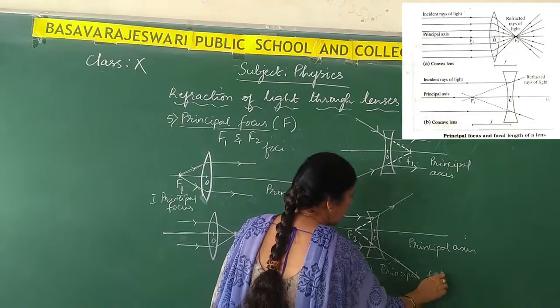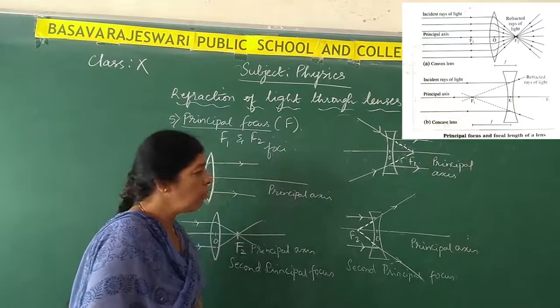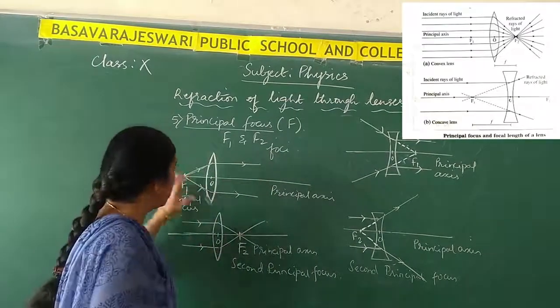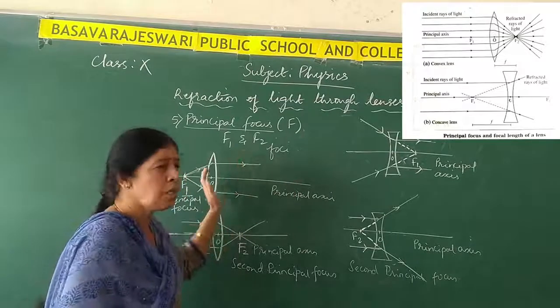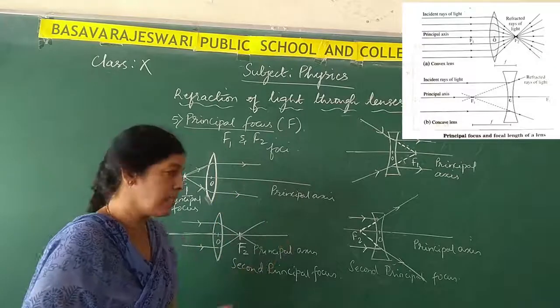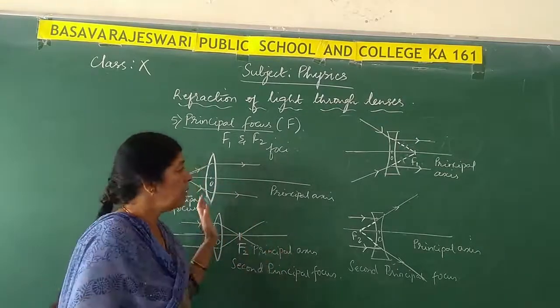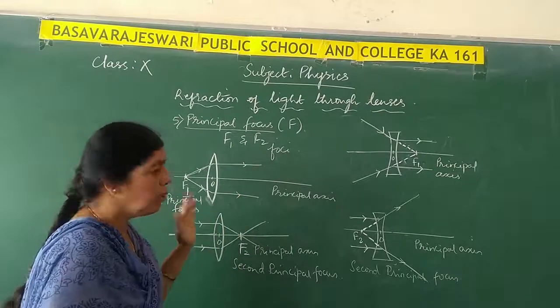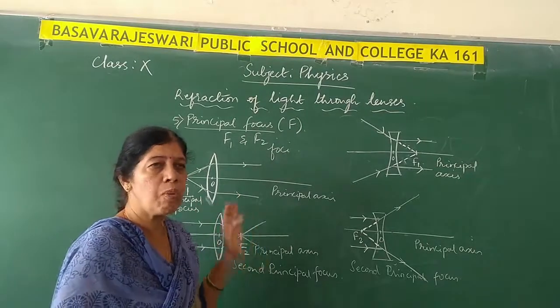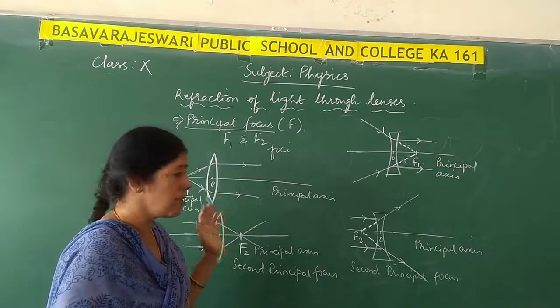So the first principal focus and the second principal focus of the convex and concave lens will be different, and you have to remember both the principal foci for both the lenses. The necessary ray diagrams are given in the textbook, and I request you to follow them and also practice those ray diagrams for your further study.